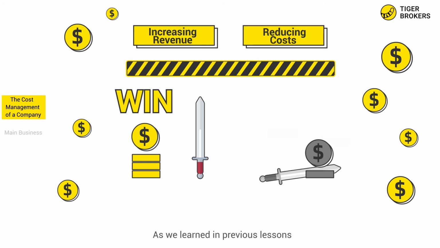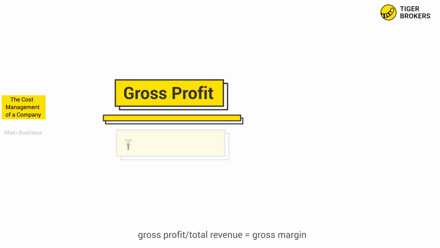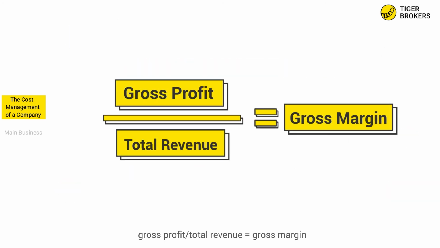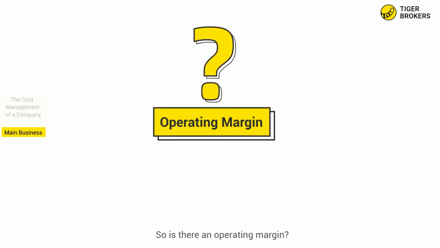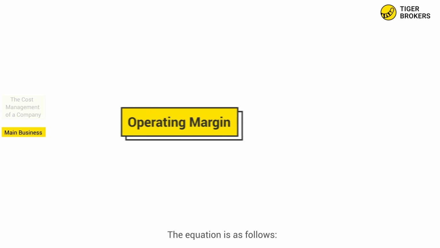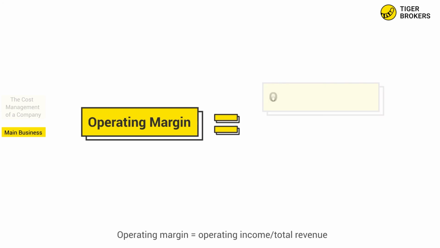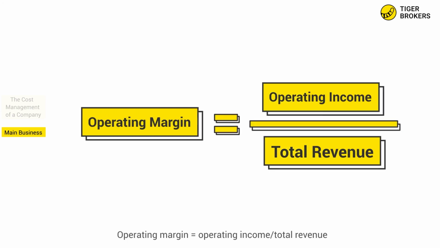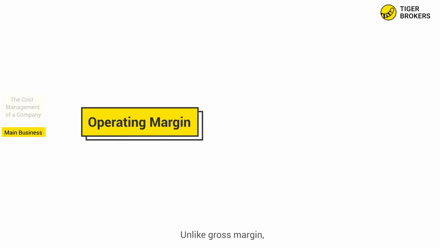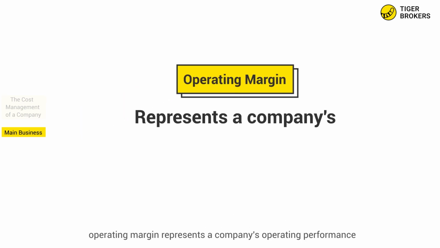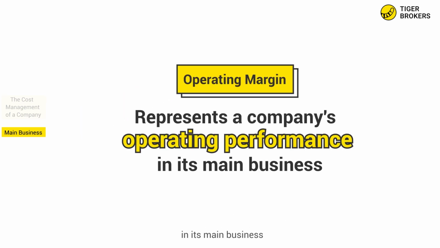As we learned in the previous lesson, gross profit divided by total revenue equals gross margin. So is there an operating margin? Bingo! How do we calculate the operating margin? The equation is as follows. Operating margin equals operating income divided by total revenue. Unlike gross margin, operating margin represents a company's operating performance in its main business.